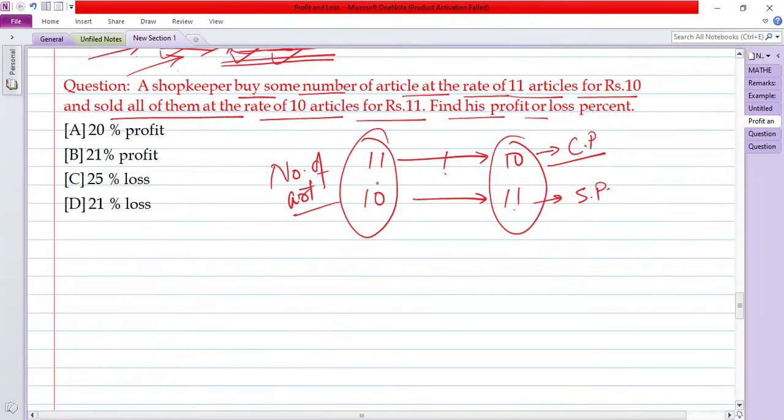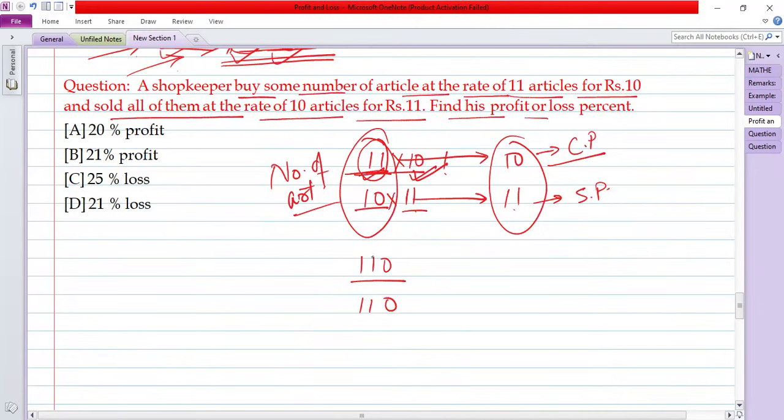Now, as I mentioned, we have to make the number of articles same. So for that, I will multiply this 11 by 10, and this 10 I will multiply by 11. So obviously here it will be 110, because 11 into 10 is 110, and 10 into 11 is again 110.